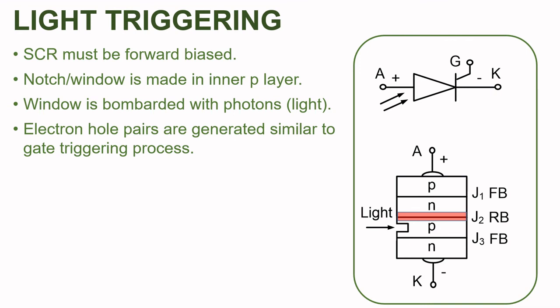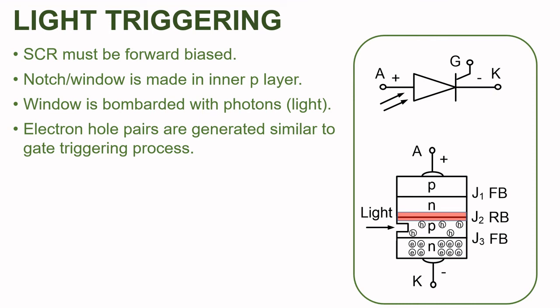Due to the bombardment of photons, energy is liberated and electron-hole pairs are generated, similar to the gate triggering process. As we have already discussed, the end layers are heavily doped and inner layers are lightly doped.